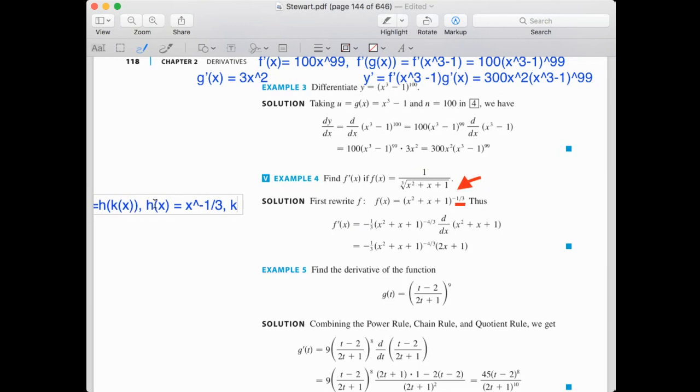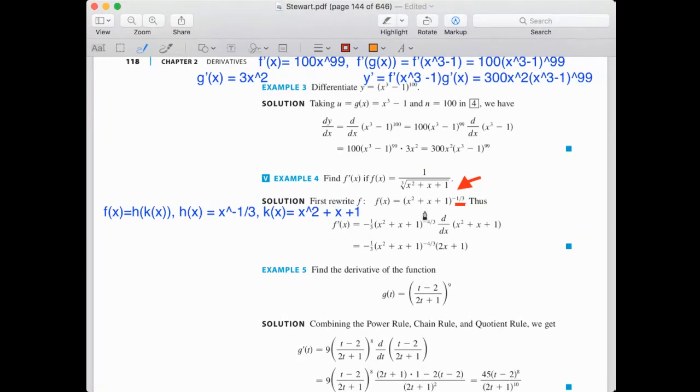Right? What does k do? K takes the input, squares it, and adds the input plus 1. So we see f like this. The outside layer is the input raised to negative 1/3. The inside layer is x squared plus x plus 1.